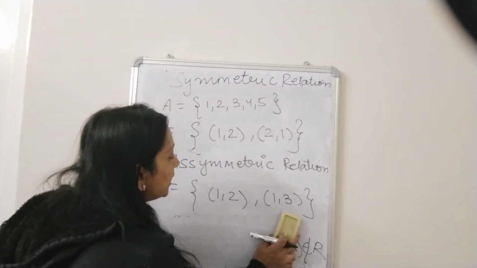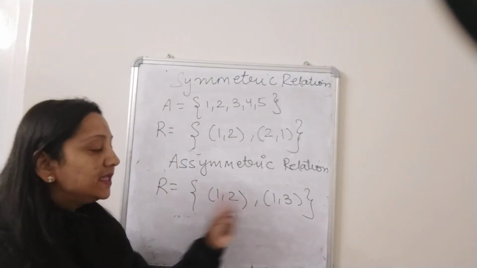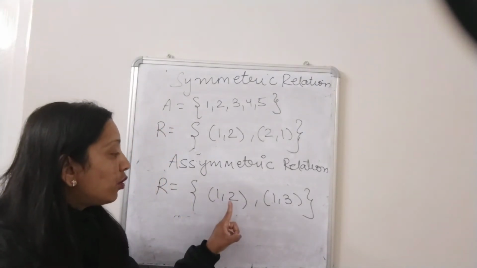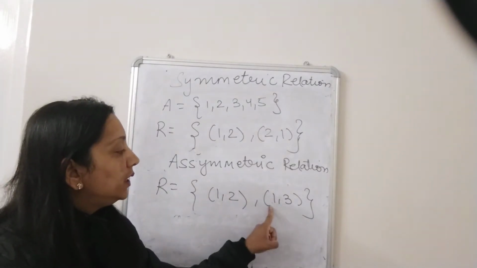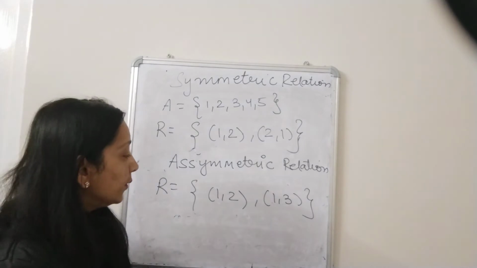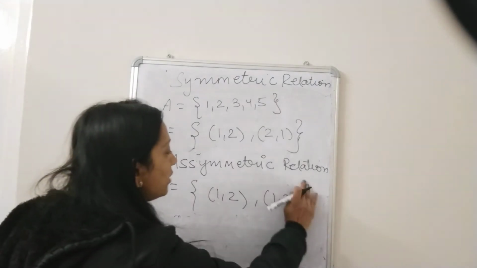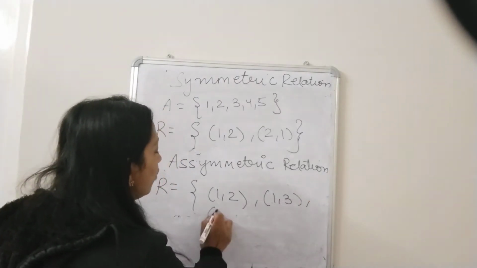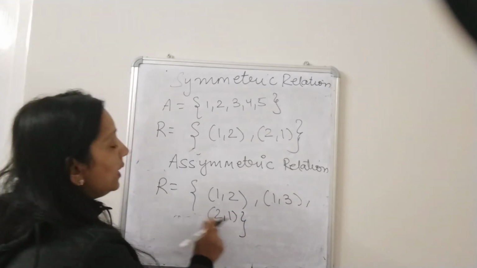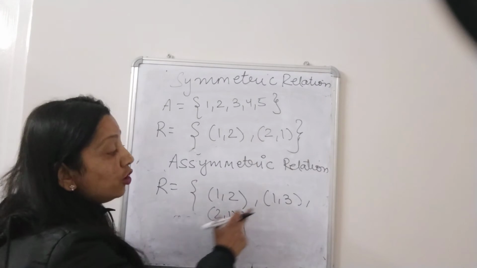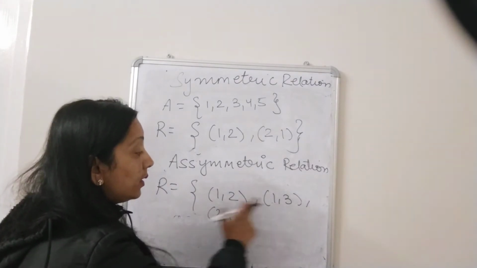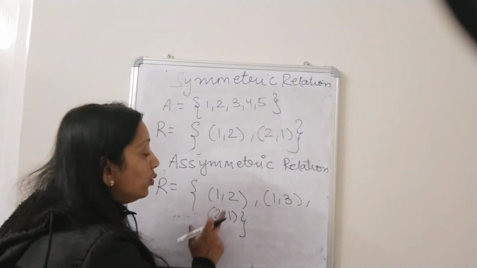So in this case, you can clearly see that this is an asymmetric relation because the opposite of (1, 2) is not there; (2, 1) is not here anywhere. The opposite of (1, 3), that is (3, 1), is also not here anywhere. But just in case I have one more ordered pair, (2, 1), here. So you can clearly see that the opposite of (1, 2), that is (2, 1), exists here. Though the opposite of (1, 3) is not there, the opposite of (1, 2) is here.